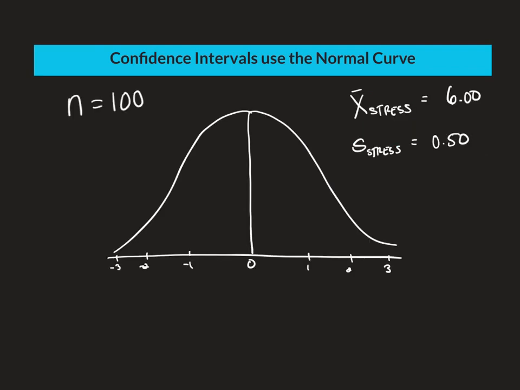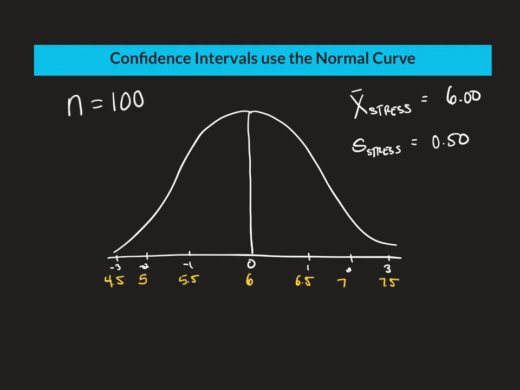Let's take a look at this with an example. We'll use stress here. Presume I have a sample of adults whose stress score on a scale of 1 to 10 on average was 6.00, and by the average here I'm referring to the mean. Let's say that the standard deviation for stress in that sample was a 0.5. We can use this mean and standard deviation to fill in the raw scores that correspond to each of the z-scores under the normal curve.